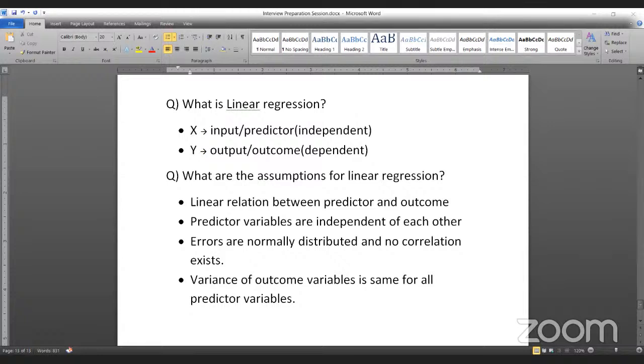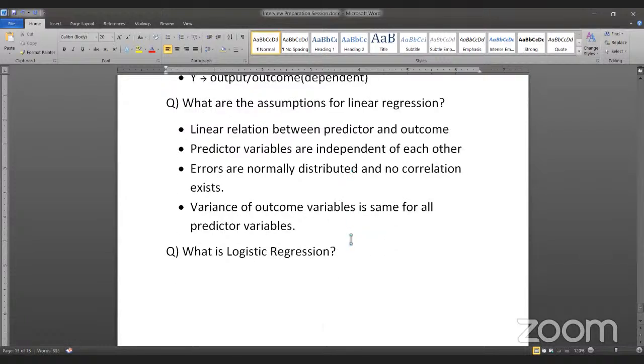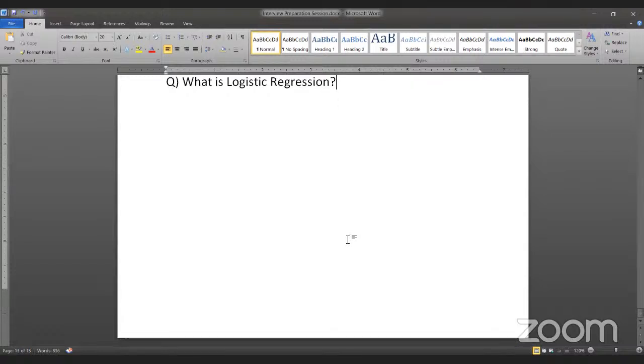So coming to the next one: what is logistic regression?